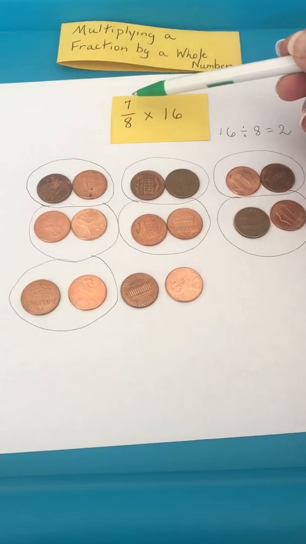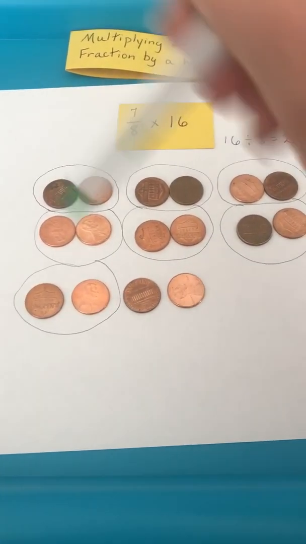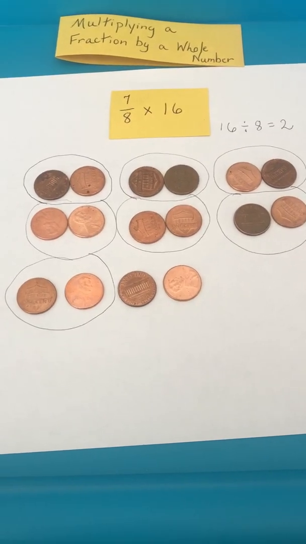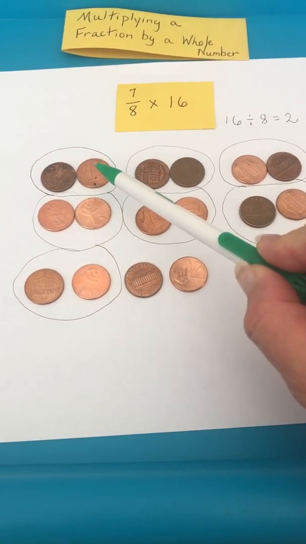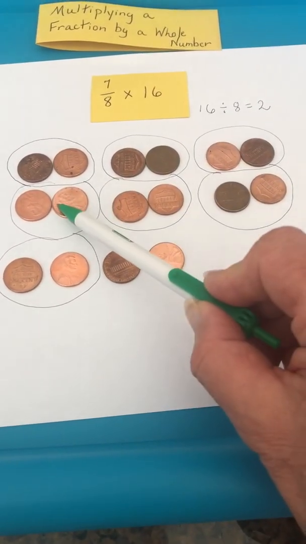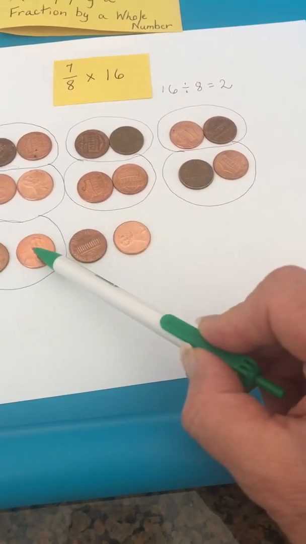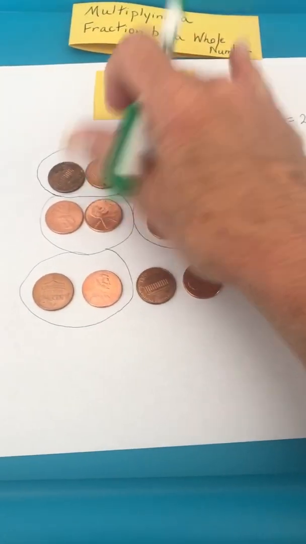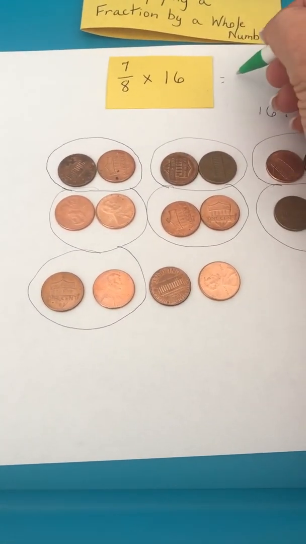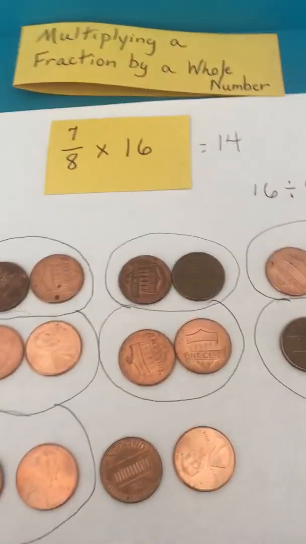So if I can have 7 out of the 8 groups of my 16 Skittles or M&Ms, I'll have, and you can count by 2s, 2, 4, 6, 8, 10, 12, 14. I will get to have 14 Skittles or M&Ms to eat.